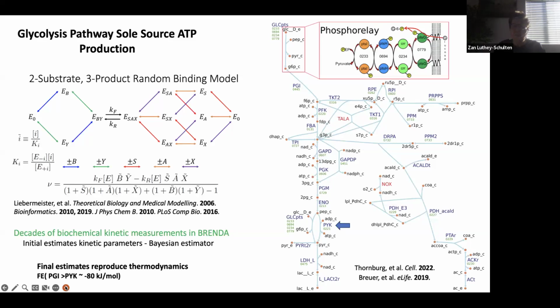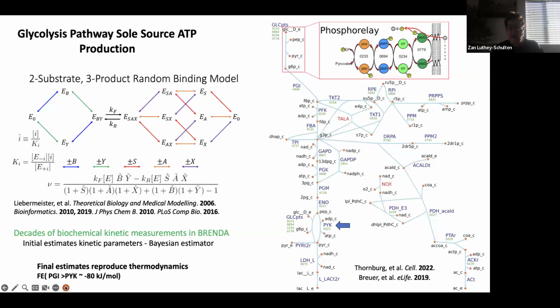Wonderful. Guess what? That same enzyme is also used in nucleoside metabolism. So every NDP goes to an NTP using the same enzyme. Thank goodness there was a colleague years ago who measured the affinity for the various nucleotides. So the highest one is, of course, for ADP, but then they measured for the other nucleotides. And that is just one example.